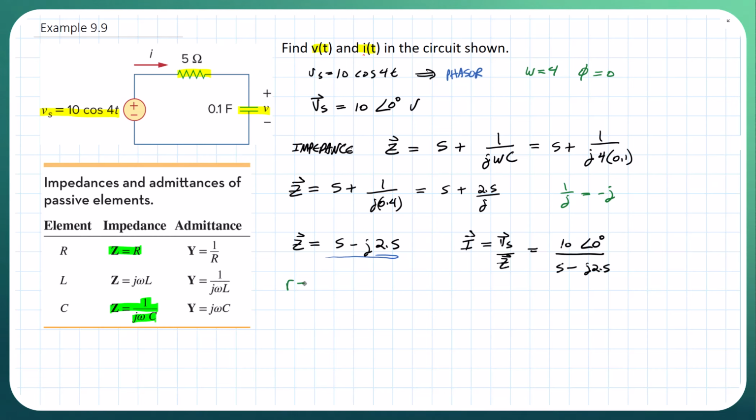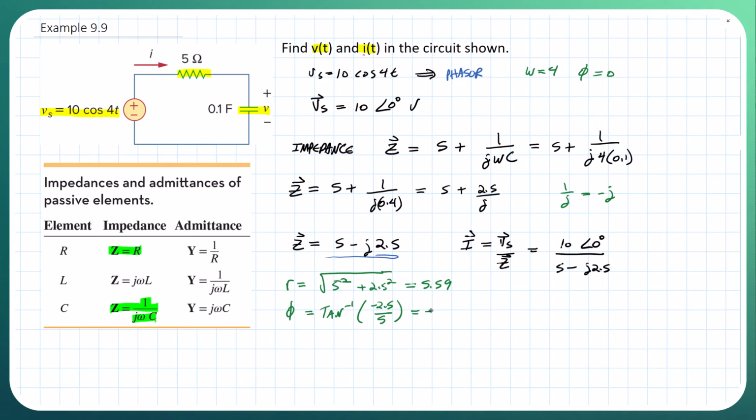So remember, R equals the square root of 5 squared plus 2.5 squared. That's going to give me 5.59. My angle is going to equal tangent inverse of y over x, in this case minus 2.5 over 5.